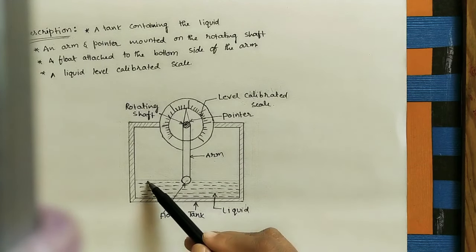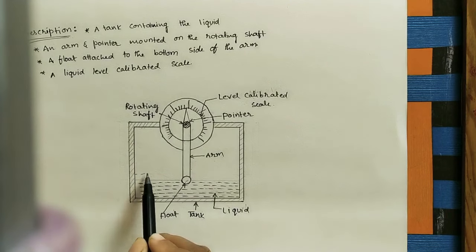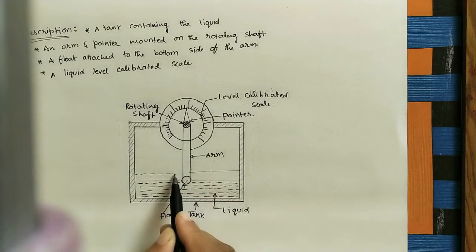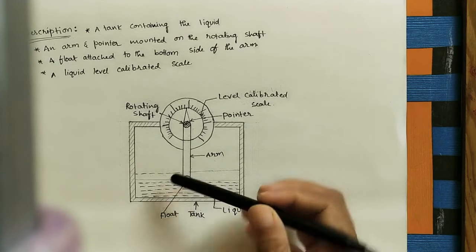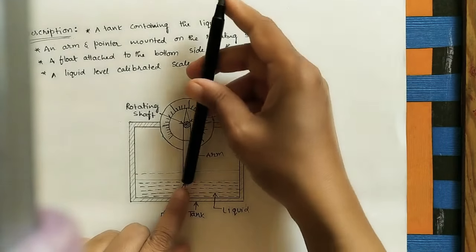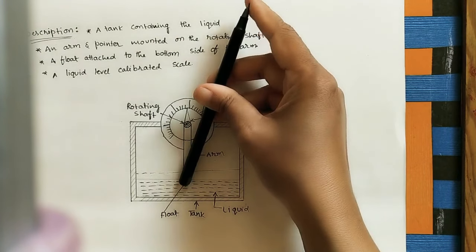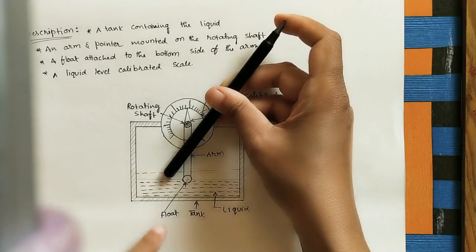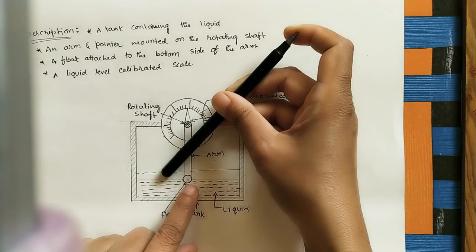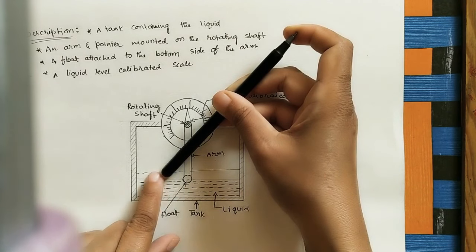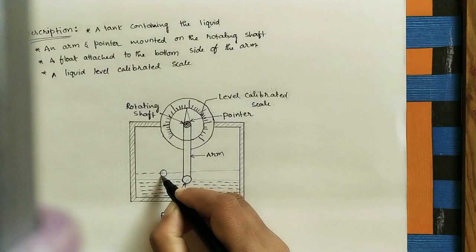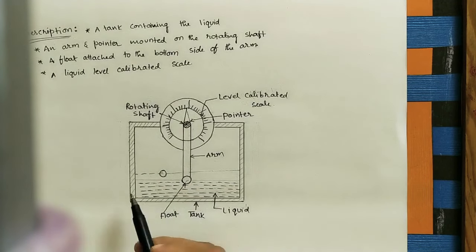Let us assume water we are filling up to this level, just roughly I am doing here. If water level is coming up, this float is moving up because it has less density. With increase in water, this float will also move, so float position will come here when the water level is coming up.